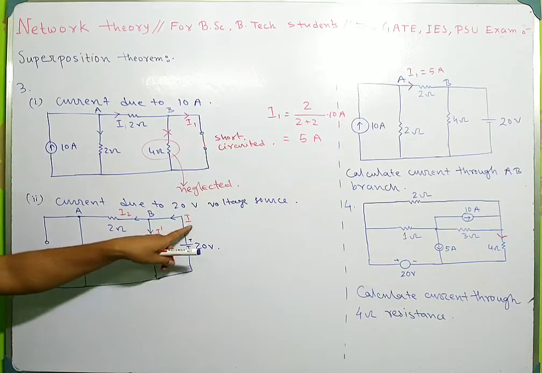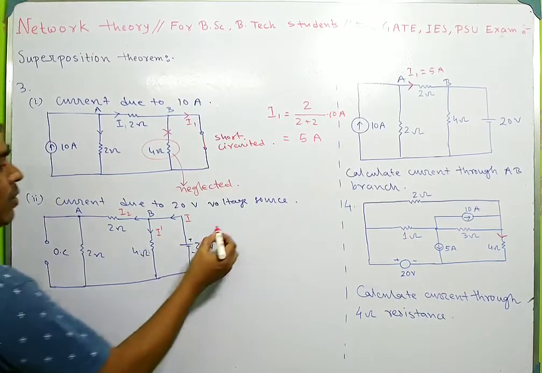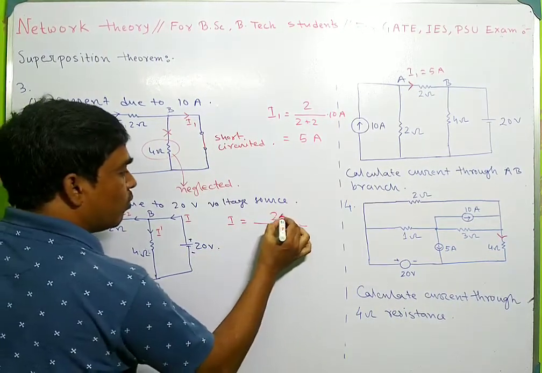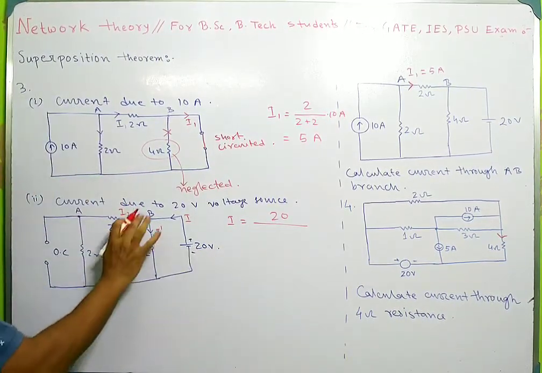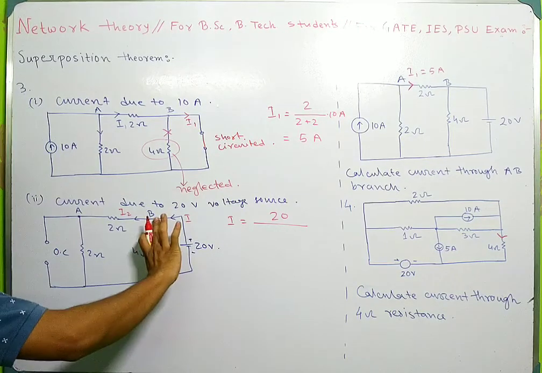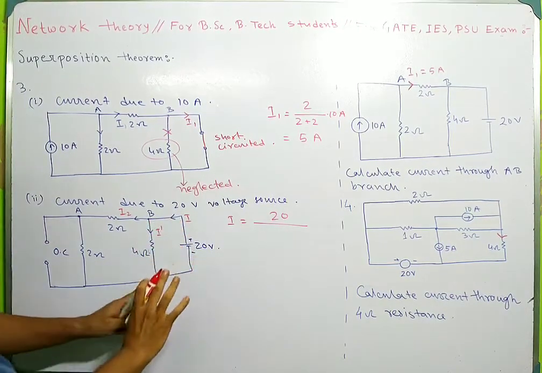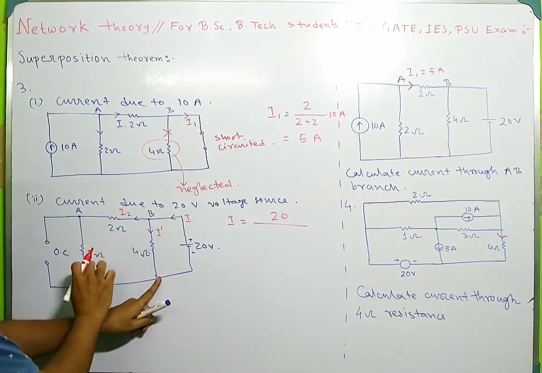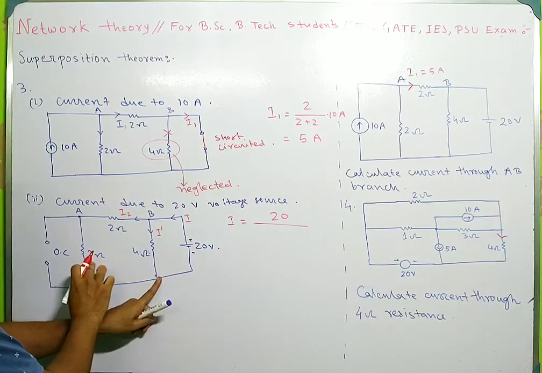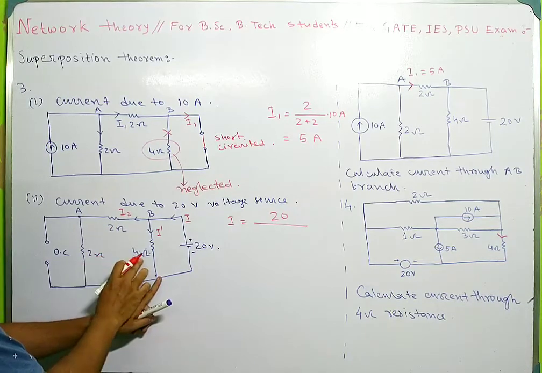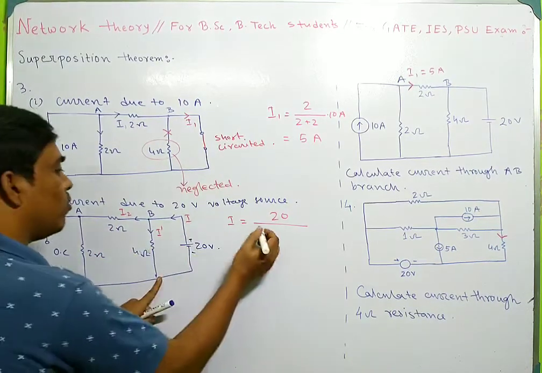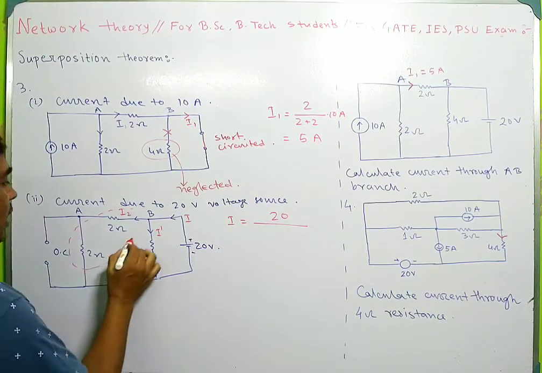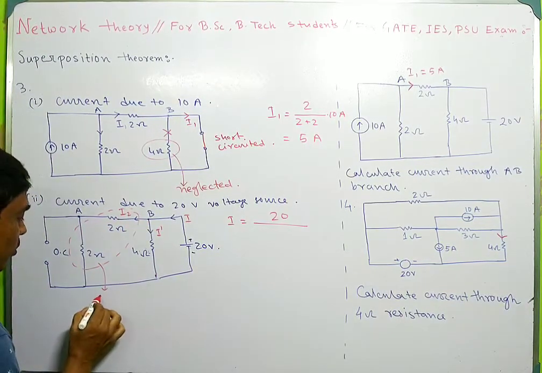So what will be the I? I can be calculated as 20 volt divided by the equivalent resistance across this path. What will be the equivalent resistance across these two terminals? The 2 and 2 are in series, and this series combination is in parallel with the 4 ohm resistance. So these resistances are in series, making 4 ohm.